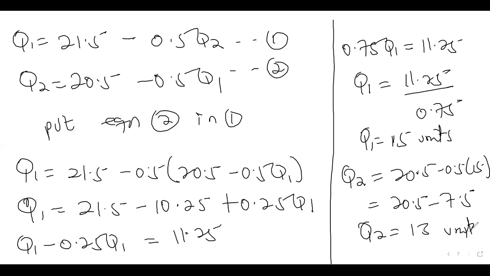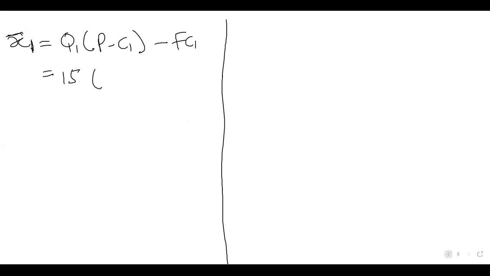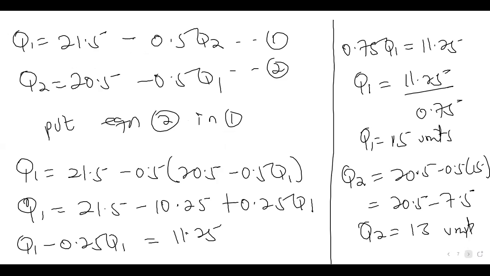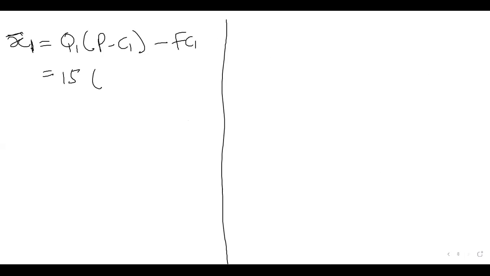Now let's move on and find our profit. Profit for firm 1 will be given as Q1 into bracket P minus C1, minus fixed cost 1. Okay. So this is going to give us 15 into bracket the price. So let's find the industry price first.